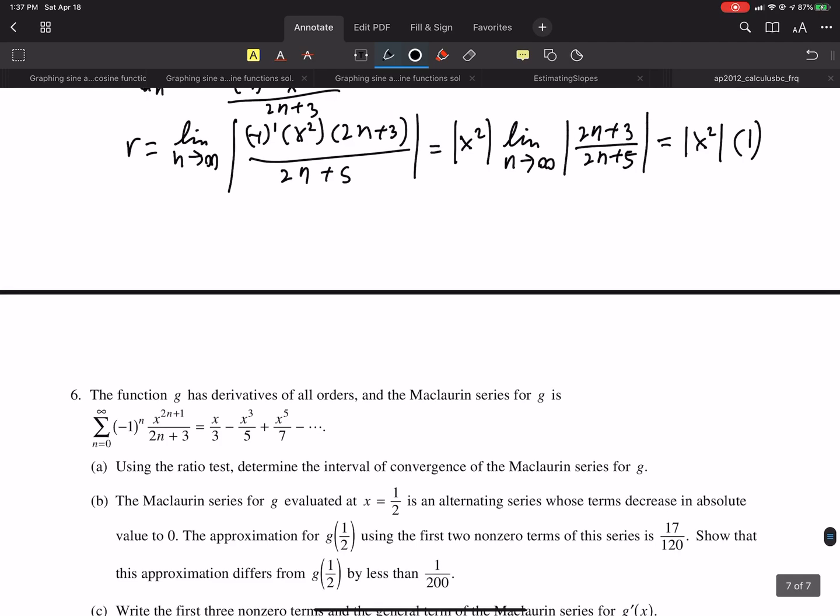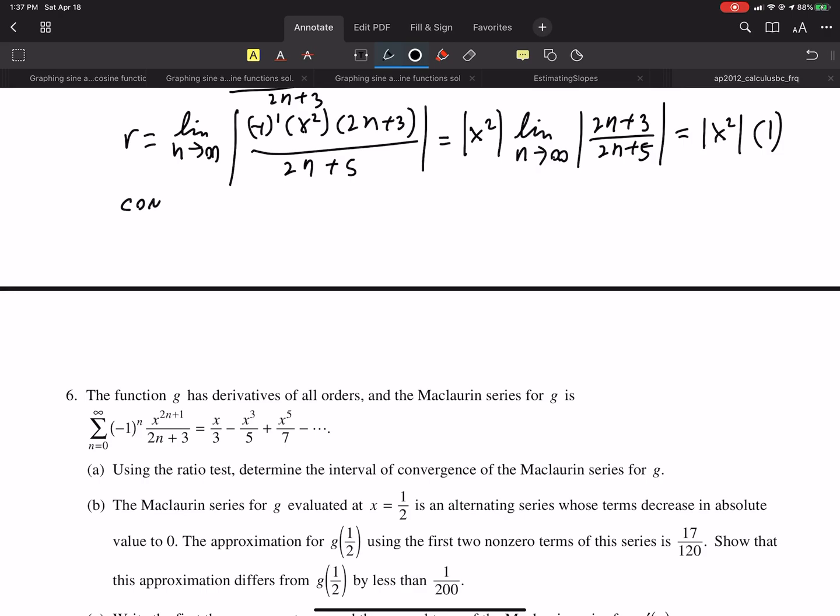So in the ratio test, if absolute value of r is less than 1, the series converges. But if it equals 1, it's inconclusive. If it's bigger than 1, it diverges. So we know our series converges when absolute value of x squared is less than 1.